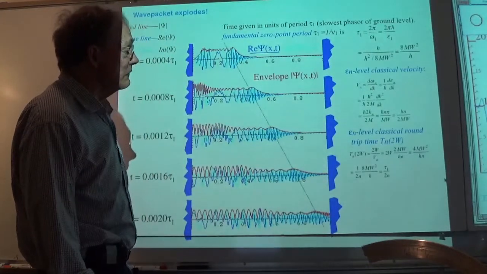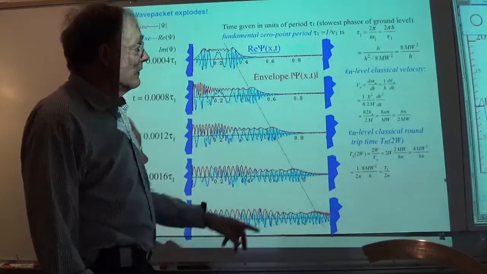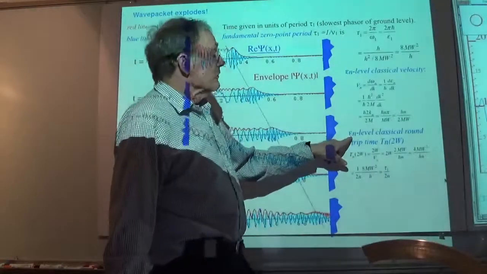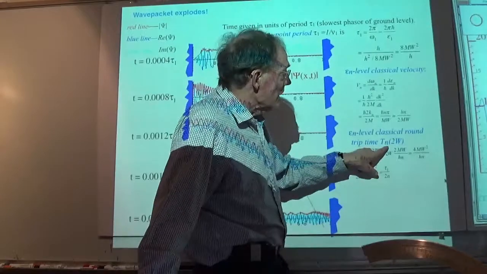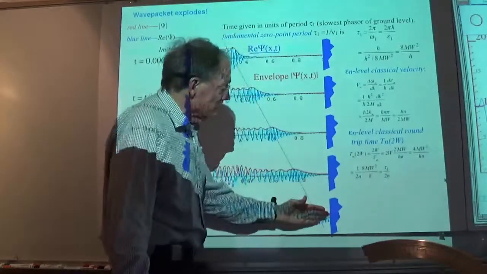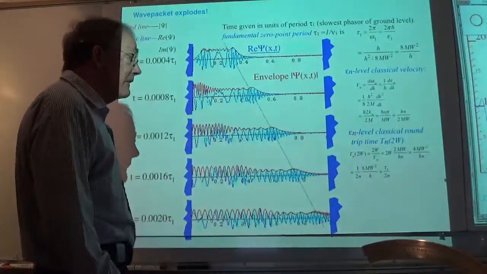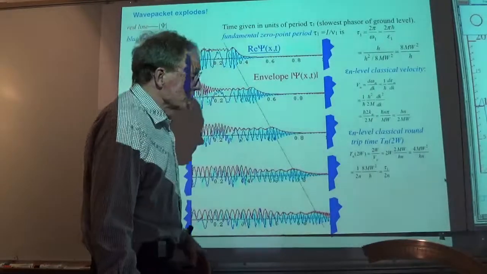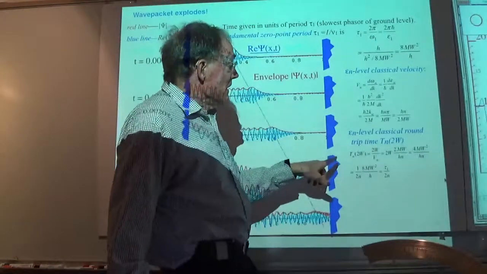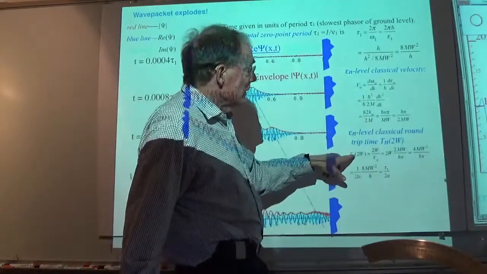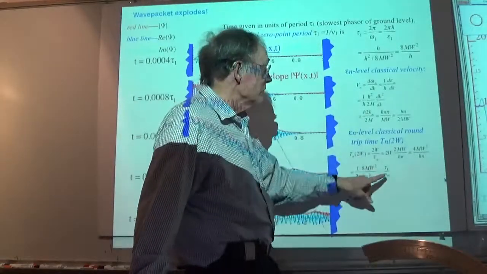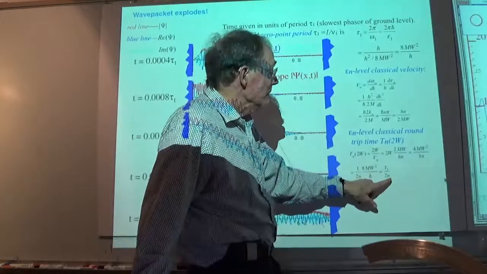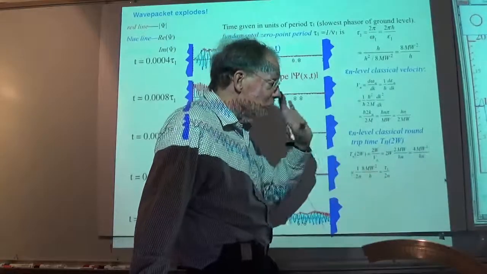We can plug numbers into that. Now what we're really interested in is the classical round trip time to go out to w and come back. That is going to be an interesting number. That number is very close to the fundamental period. In fact, it's fundamental period over 2 times n, n being 100 here.